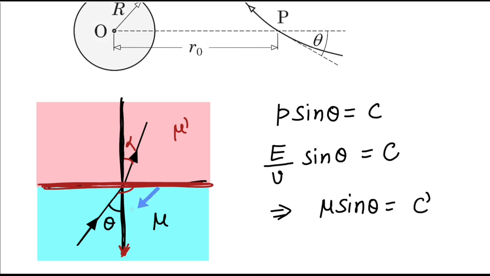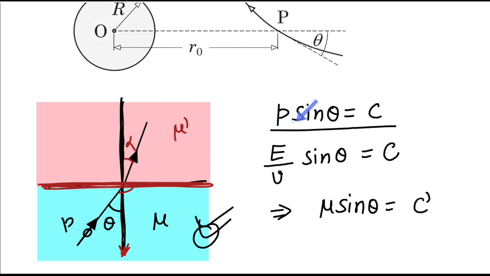So we can say here that along this red line, since there is no force acting, the momentum of the photons will be same, right? So if we just take the component, let's say the momentum of the photon at this side here is small p, the linear momentum is small p. So p sine theta, the part along this red line, will remain constant.